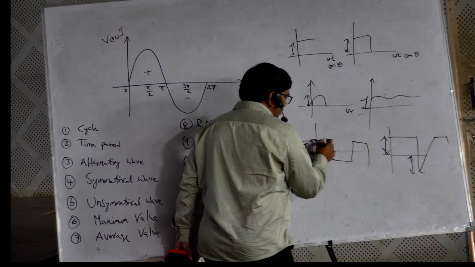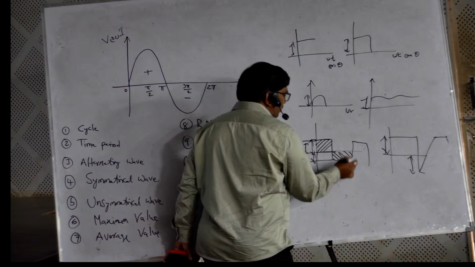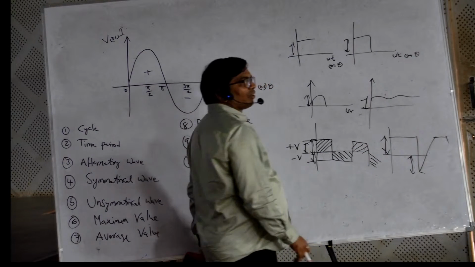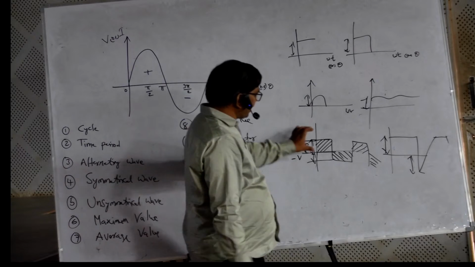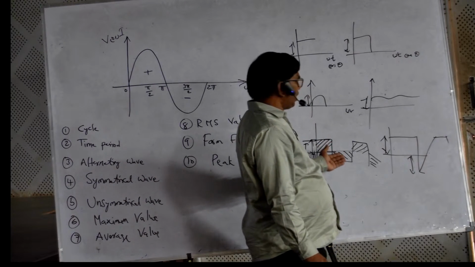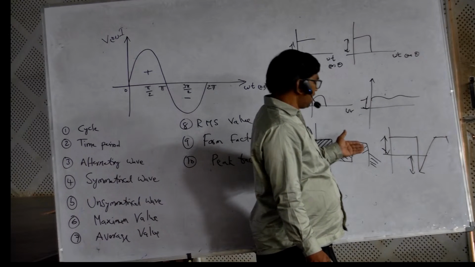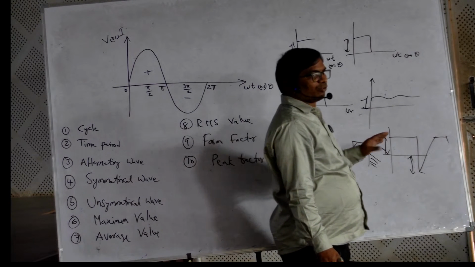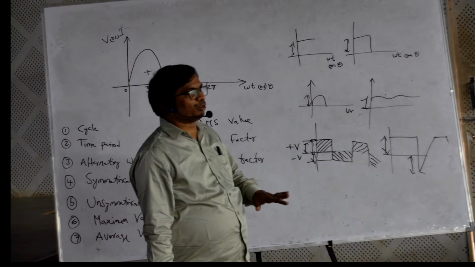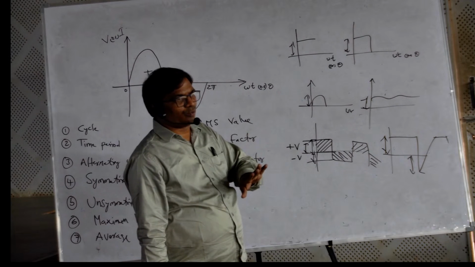This is a positive value, this is a negative value, this is a positive value. With respect to time or angle, it is positive, then negative, then positive. So an alternating wave means a wave which has a positive value and a negative value.